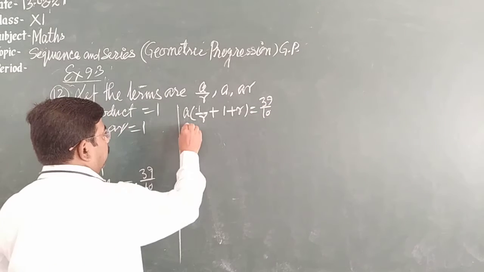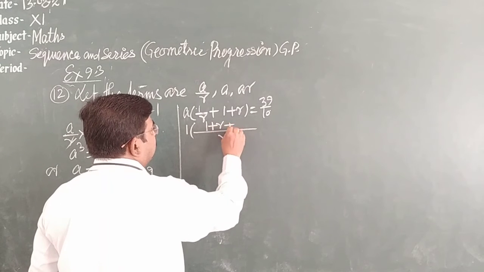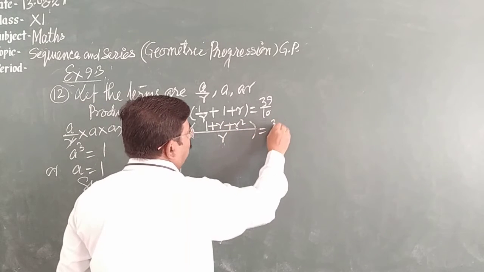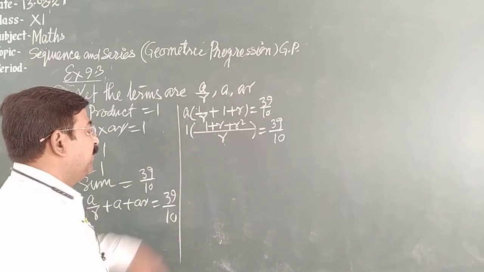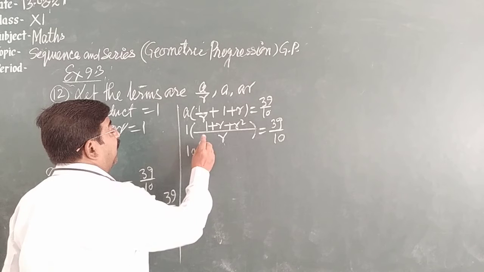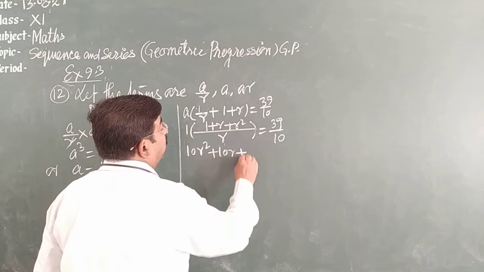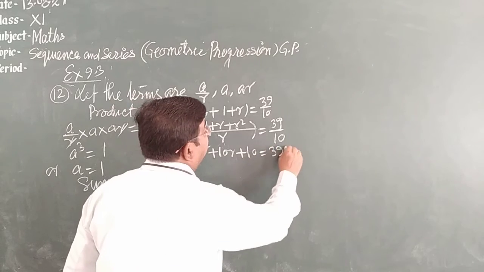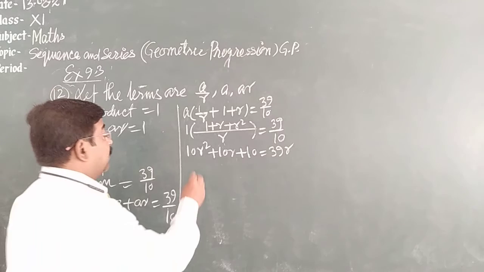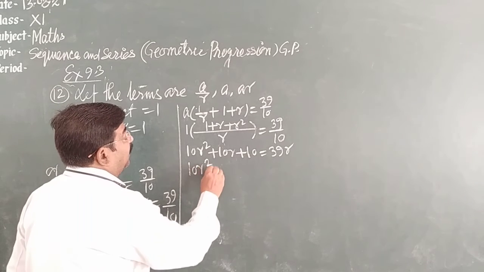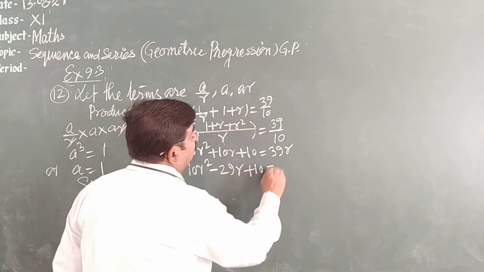A is equal to 1, and take the LCM r. We have 1 plus r plus r square upon r is equal to 39 upon 10. Cross multiply: 10r square plus 10r plus 10 is equal to 39r. Bring this 39r to this side, so 39 minus 10 is 29r. We have 10r square minus 29r plus 10 is equal to 0.